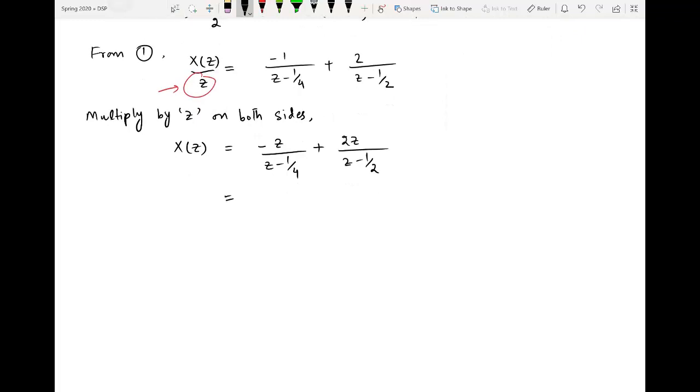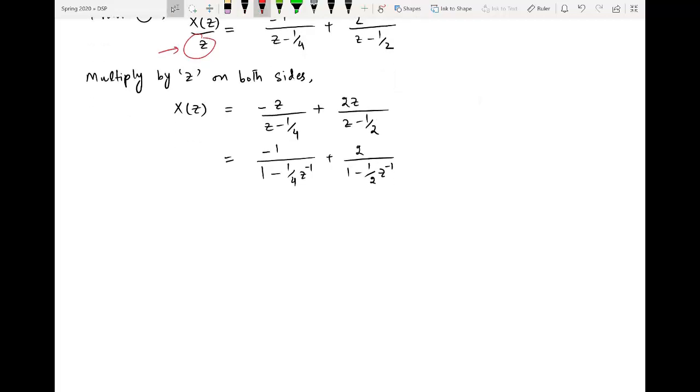And we will write it in a more familiar form by taking z as common. So I can write the same expression as -1 over 1 minus 1/4 z inverse, plus 2 divided by 1 minus 1/2 z inverse.